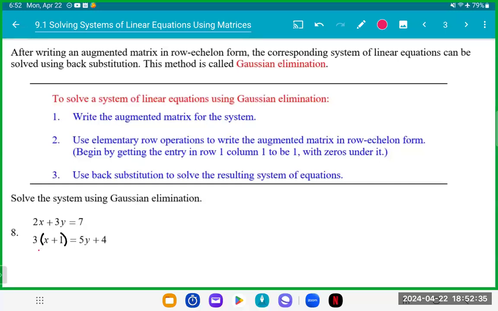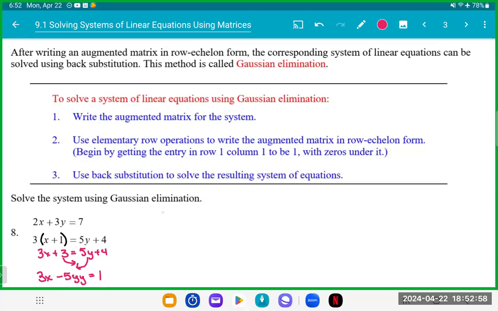So this one gives me 3x plus 3 equals 5y plus 4. We want to move the 3 to this side and the 5y to this side. That's going to give me 3x minus 5y equals 1.